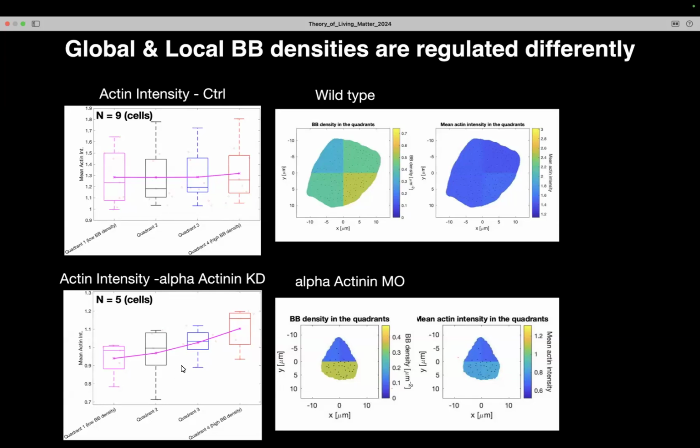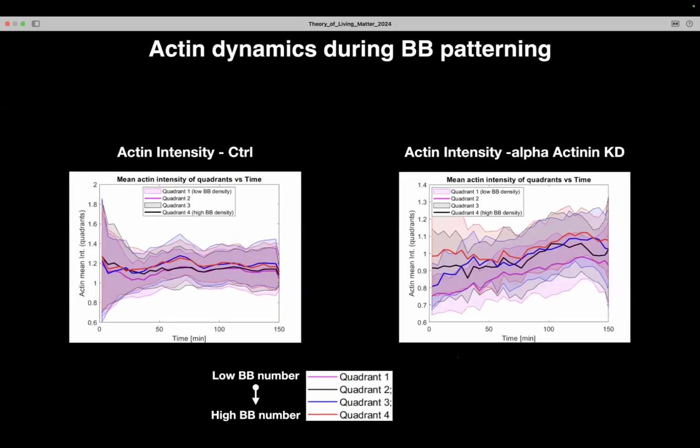The situation is very different when you look now at the mean intensity of actin within these quadrants upon knocking down alpha-actin 1. Again, we sort the quadrants based on the density of basal bodies, and the situation looks very different, meaning that the quadrant that has low density of basal bodies also has a low intensity of actin. This is again looking at the cumulative numbers, summing up all of the densities throughout the time points.